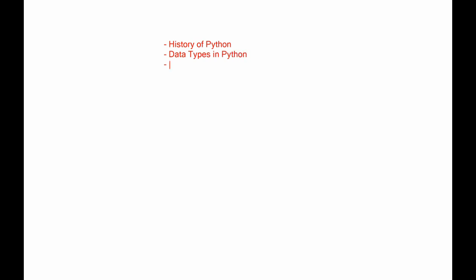Then we have seen what variables in Python are. And then different inbuilt functions in Python. So the id function was there, then the type function, then the isinstance function, which we have seen along with examples.